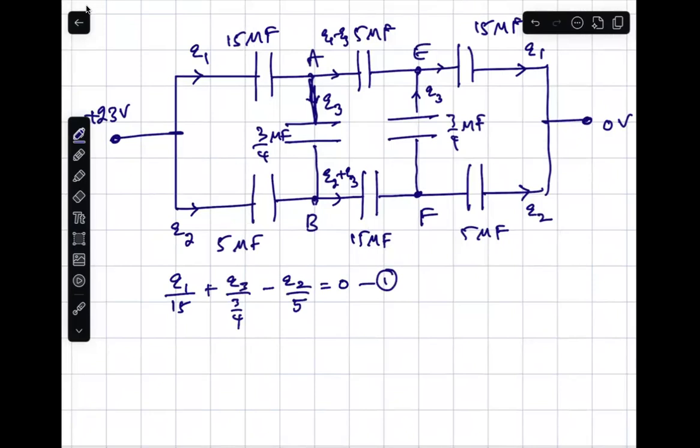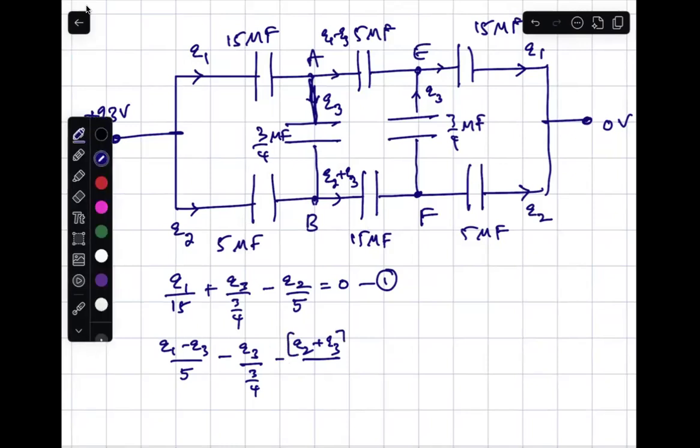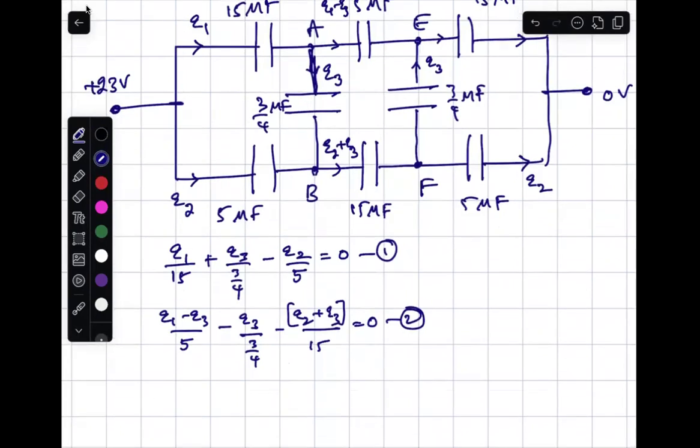Now you take the second loop: Q1 minus Q3 by 5, minus Q3 by 3 by 4, plus Q2 plus Q3 by 15, is equal to 0. Why is it coming against you? That is also minus. Equation 2.